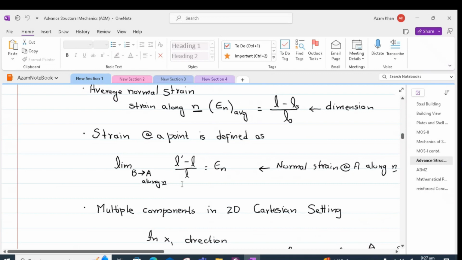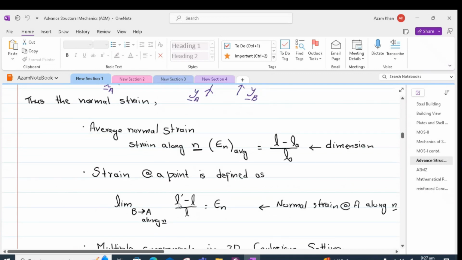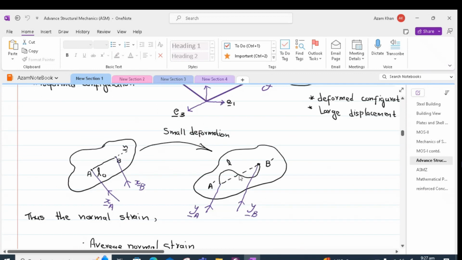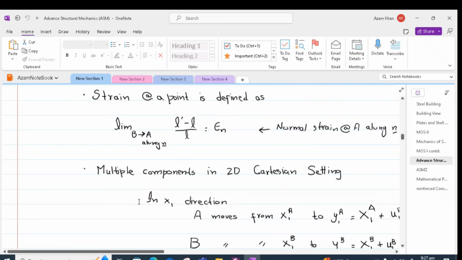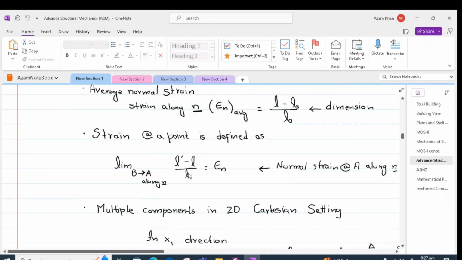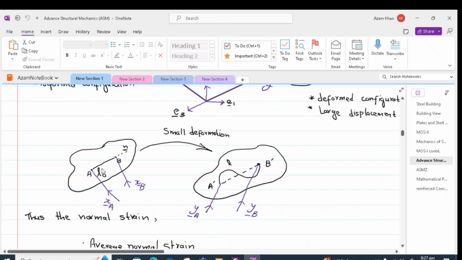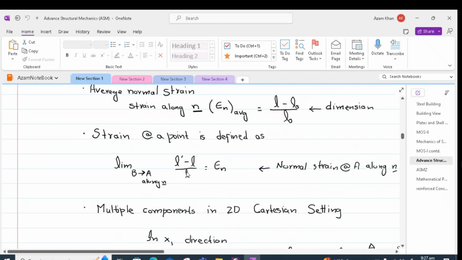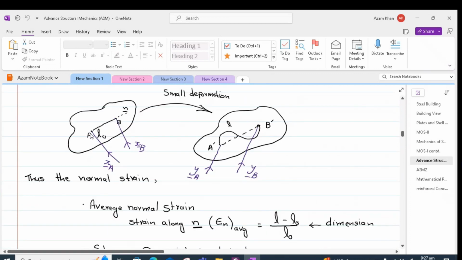We said that if we subtract the length L dash of A dash B dash from the original length L of AB, divide by the original length, and make B approach A, in other words make this element very small, we will get a strain at a point, called the normal strain at A along the vector n in the direction of AB.